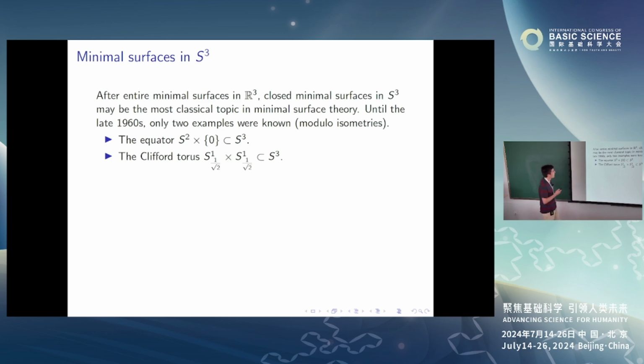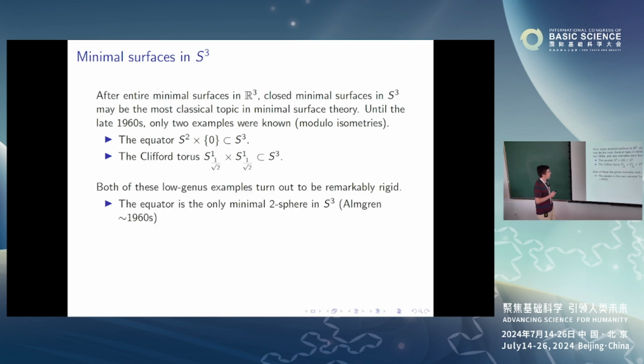One thing that's remarkable and maybe misleading about these examples is they turn out to be extremely rigid with respect to their genus. Already in the 60s, Almgren observed that the equators, these totally geodesic guys, are the only minimal two spheres in S3. And that's true even if you're looking a priori at immersed minimal two spheres.